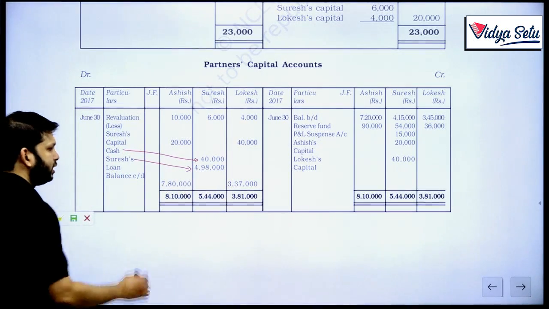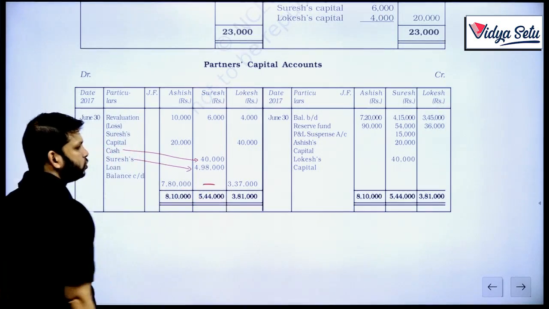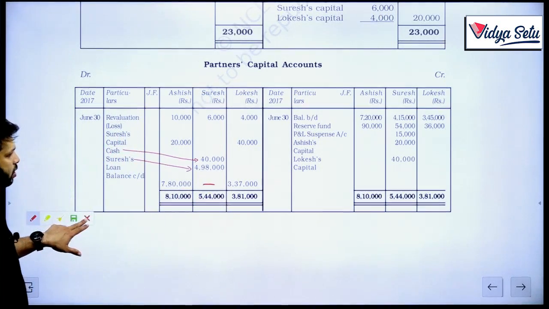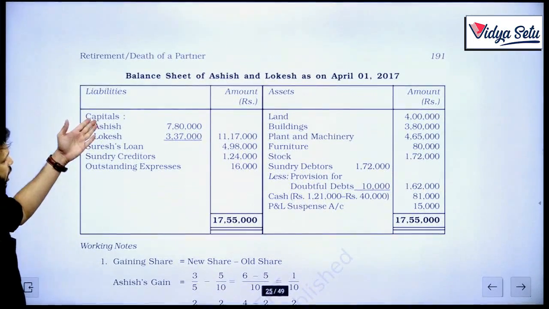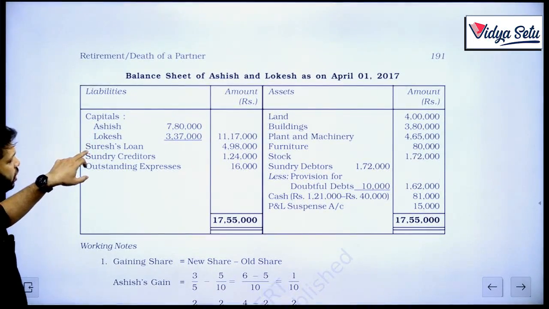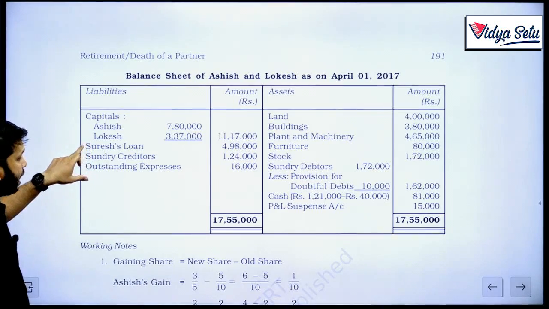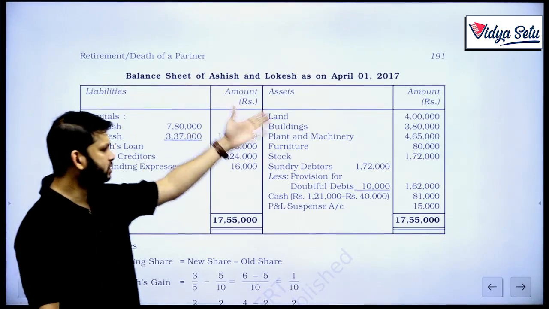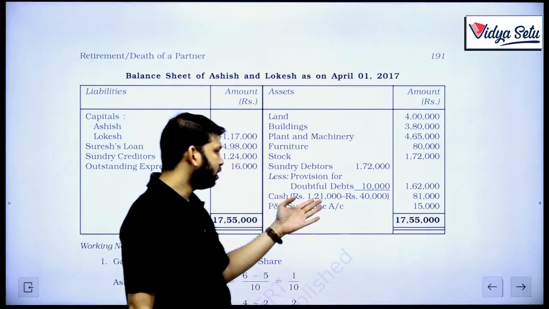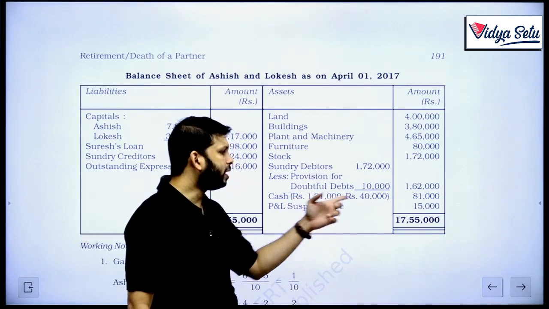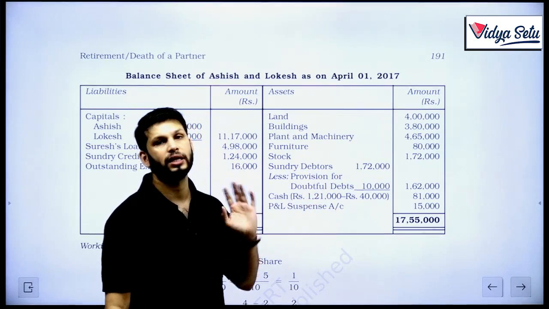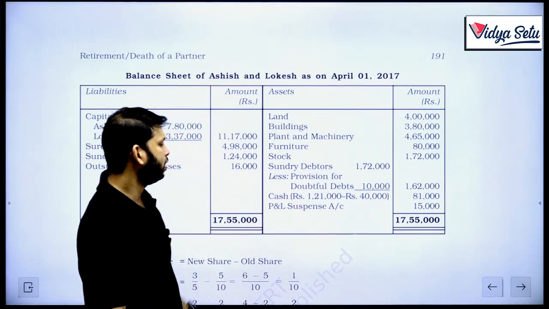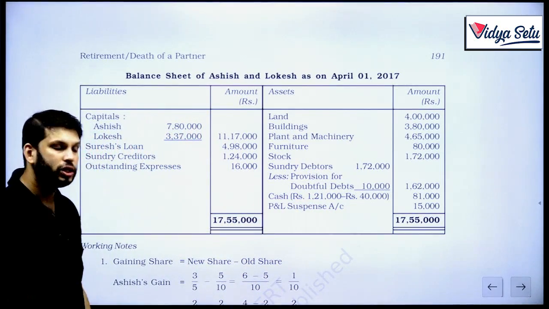Obviously there cannot be any balance for Suresh. In the balance sheet, Ashish and Lokesh's capital is there, and since they have still not paid Suresh, it's in loan liability, creditors, outstanding expenses, the rest we already know. In cash, 121 minus 40 because that has been paid to Suresh, and the P&L suspense is a miscellaneous asset. That will come on the asset side of our balance sheet.